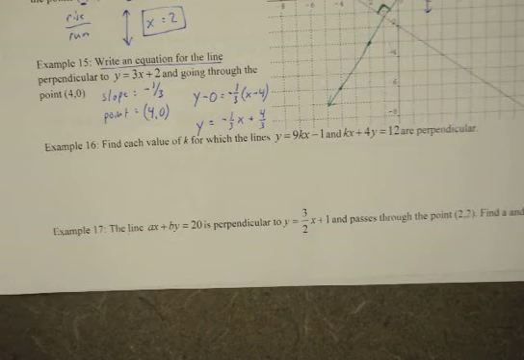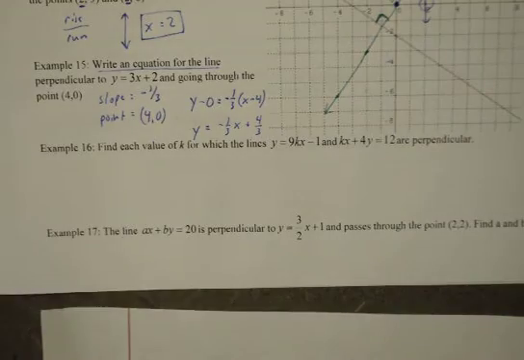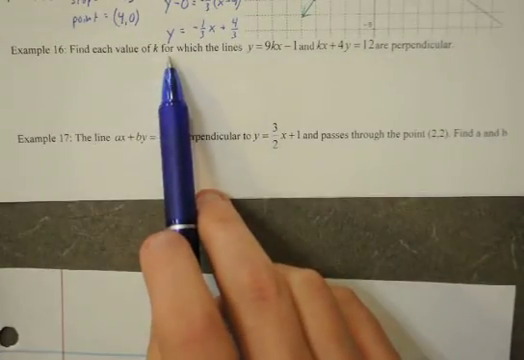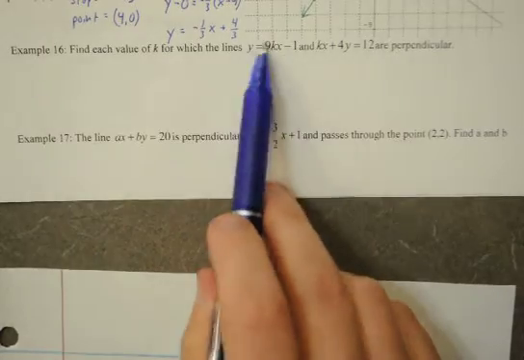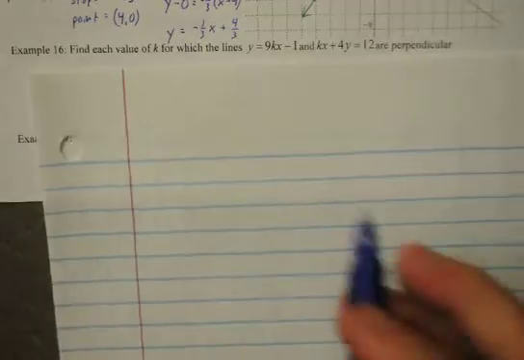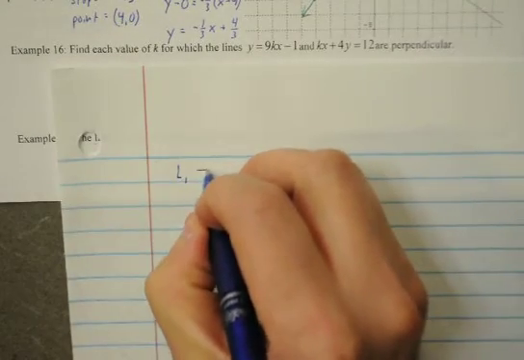Alright, 16 and 17 get a little bit more tricky. In fact, I'm going to do this on a separate sheet of paper. It says, find each value of k for which this line and this line are perpendicular. So our first line, I'm going to call this L1.